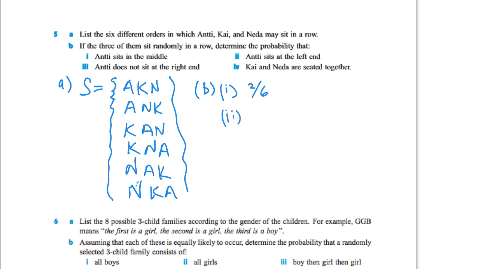Let's see, number 2, Anita's at the left end. Well, that happened 2 out of 6 times. Roman numeral 3, Anita's not on the right side. Okay, well, she's not on the right side 4 out of 6 times. And Kai and Nita are together. So K and N would be together here, here, here, and here. They're together 4 out of 6 times.